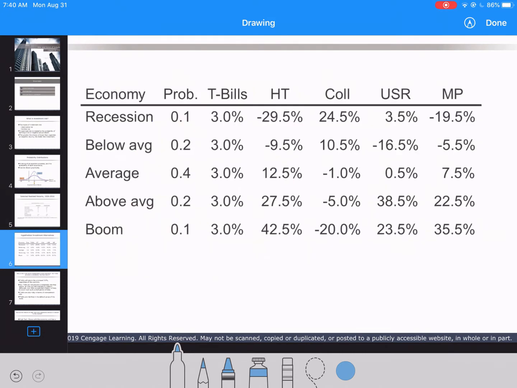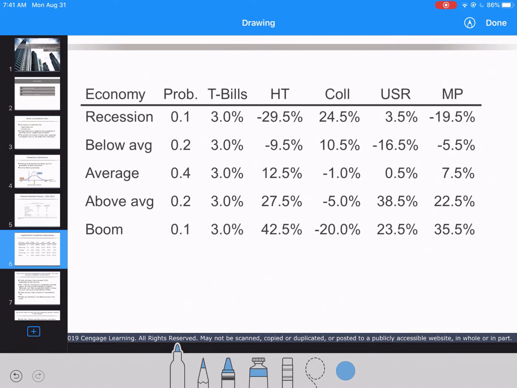Also, by the state of the economy, probabilities are like recession happens only 10% of the time, and below average, above average, and boom happens only 10% of the time, and average happens 40% of the time.